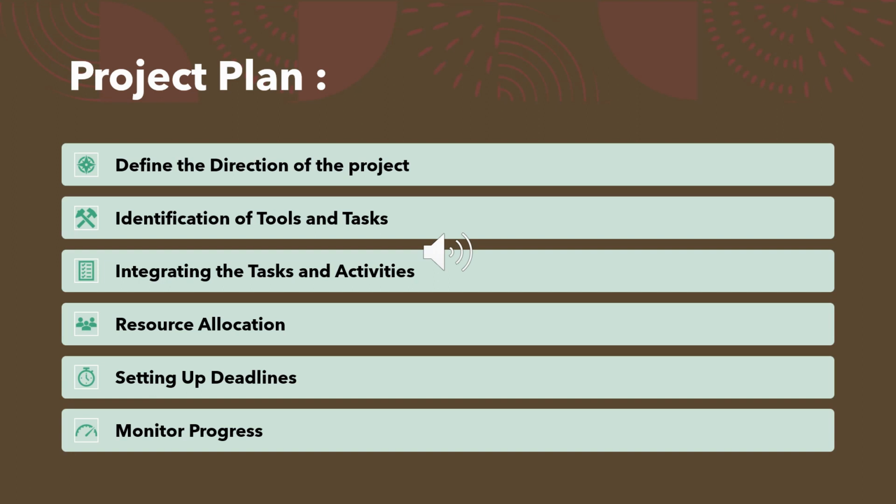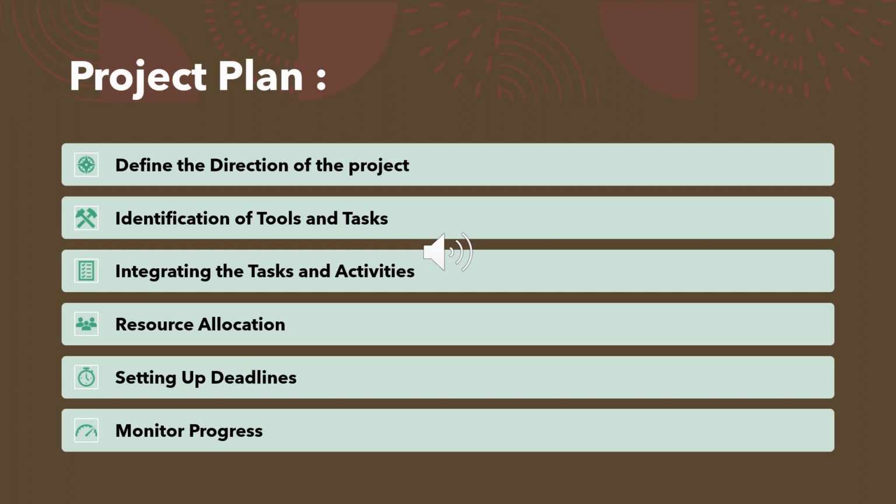The next thing is setting up deadlines. Deadlines are the measure for the short-term goals that have to be achieved in the project. So each and every project has certain tasks and activities that are to be completed within a specified time.